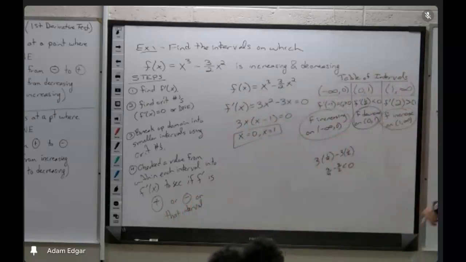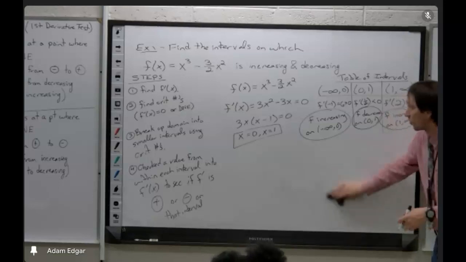If f prime is positive, f is increasing. If f prime is negative, f is decreasing. So that kind of summarizes what you do.